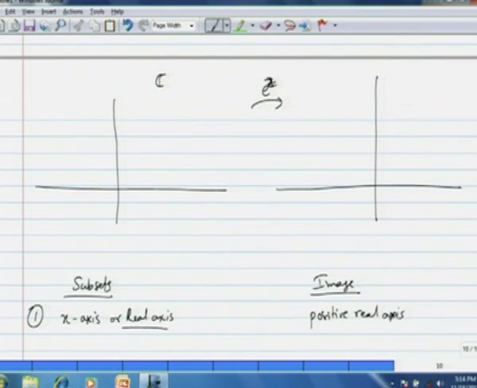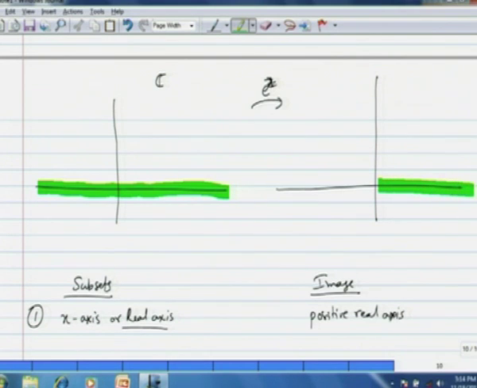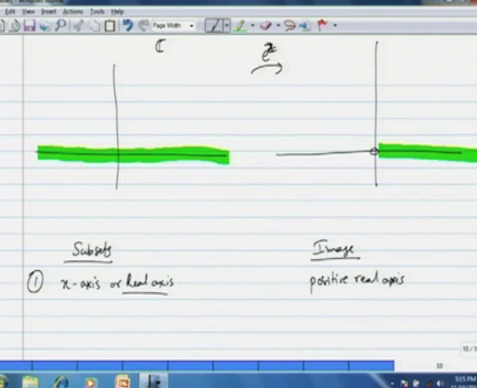So, let me denote that the image is the positive real axis. Of course, you skip 0. Okay. 0 is not in the image of the complex exponential function.